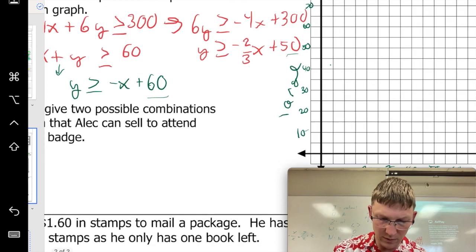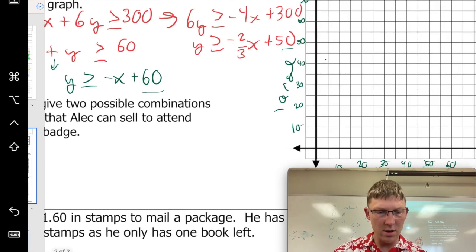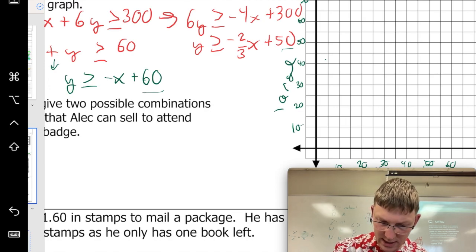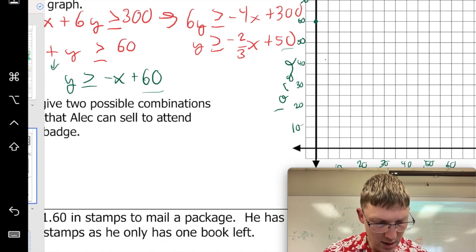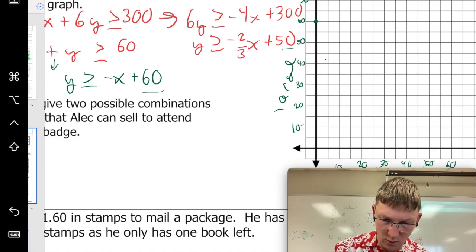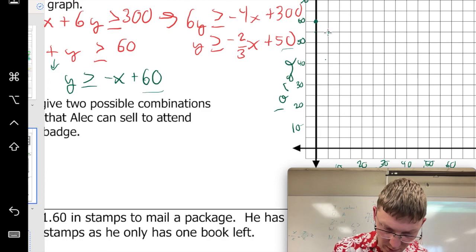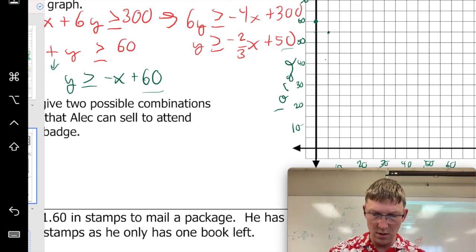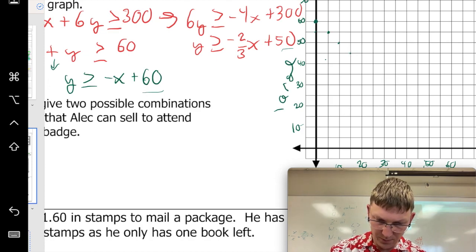I guess I need to be able to see my equations. Okay, so my green one, y-intercept is going to be at 60. And then we're going to go down 1, over 1. Down 1, over 1. So rise over run, so on and so forth.